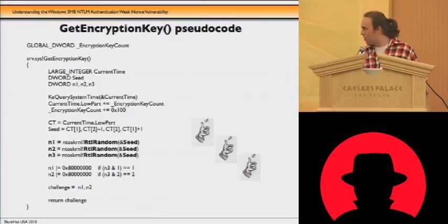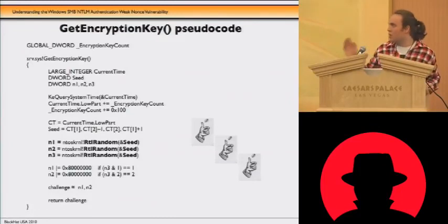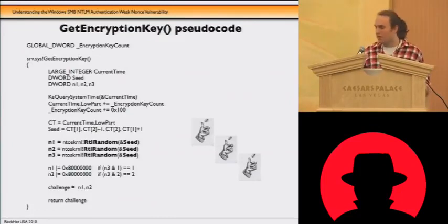Once the seed is created, we'll call the RtlRandom function 3 times in a row. The first time, we'll use the created seed, and the second and third times, we'll use some kind of feedback that the RtlRandom function also returns.